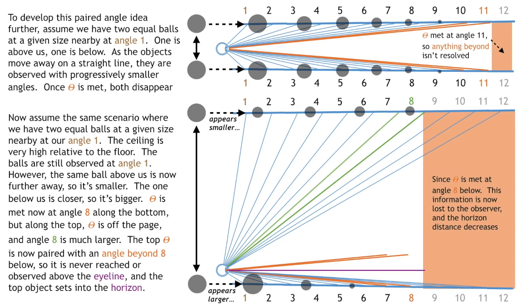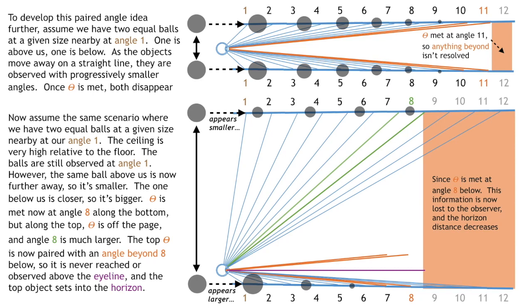So the top theta is now paired with an angle beyond angle 8 below it, and angle 8 is what set our lower horizon distance already, and so it's never reached along the top. And essentially what you'll observe is that the top figure or object or ball in this case will now set into the lower horizon line.